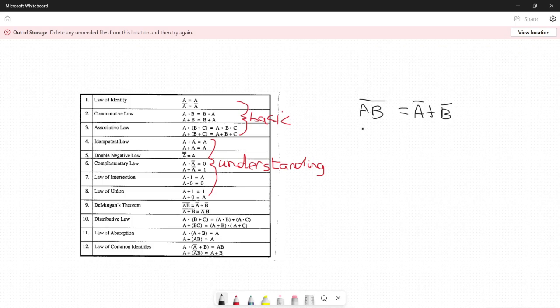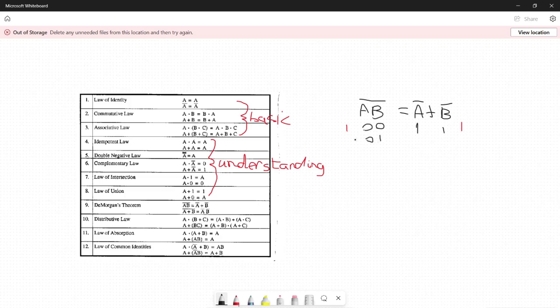So if A is 0 and B is 0, well then we will get an output of 1 because 0 times 0 is 0, and then we invert that, and then we get 1 and 1, which will just give us a value of 1. Now, for the sake of time, I'm just going to say 0, 1, but you can even go and prove it by yourself.